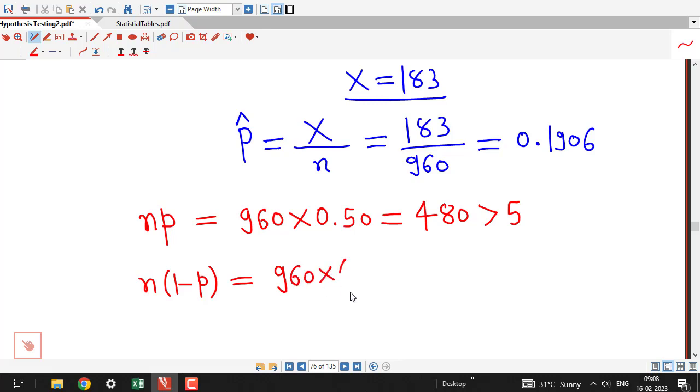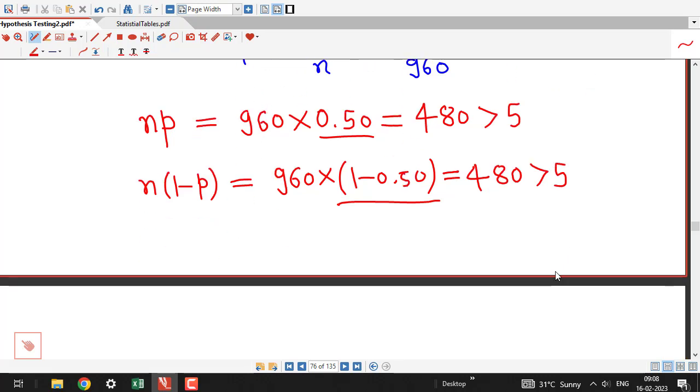And 960 times 1 minus 0.50, 1 minus 0.50 is 0.50, therefore this is also 480. Therefore n times p and n times 1 minus p both are greater than 5.